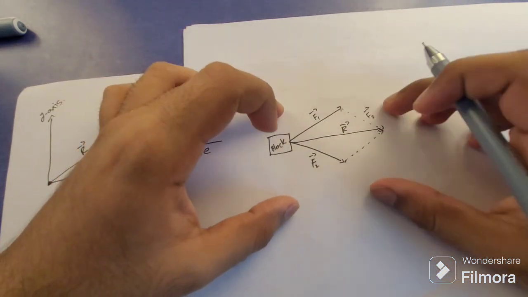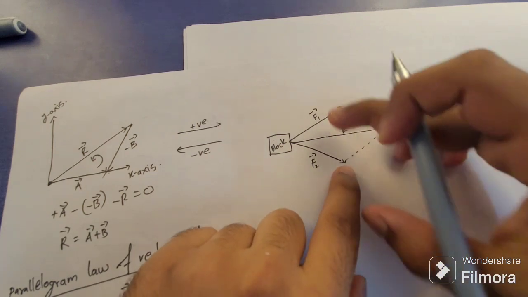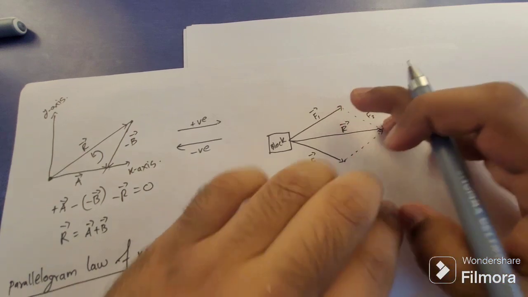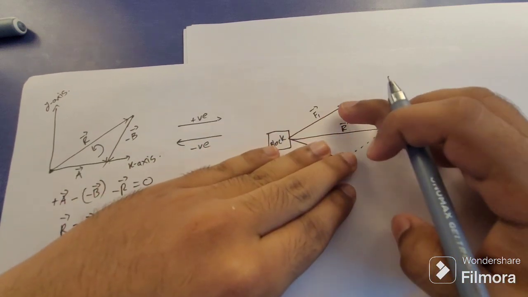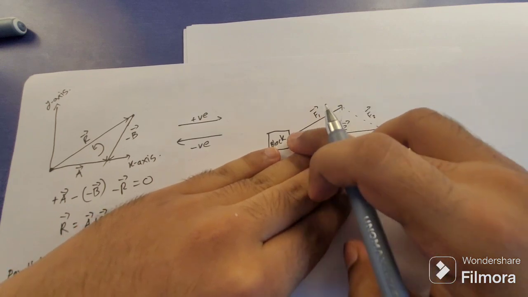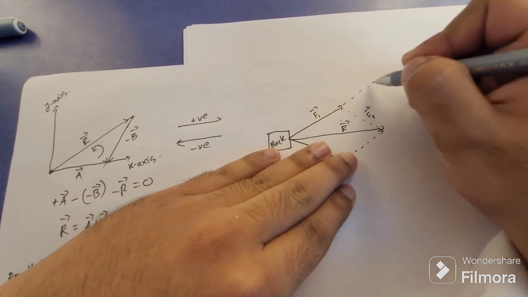Now understand one important point. The two guys were pulling the block by the forces F1 and F2. So if the force F2 was absent and only one guy was pulling this block with the force F1, then the block would have moved along the line of action of force F1.